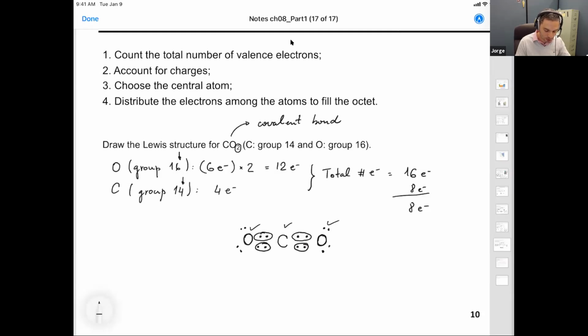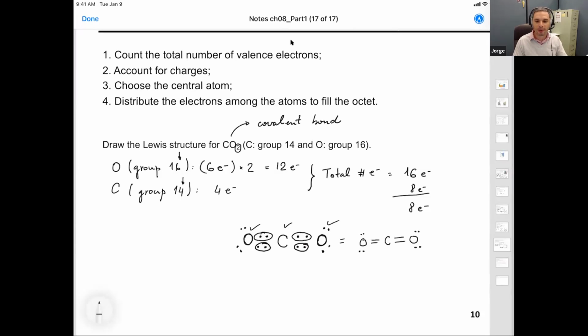So that's also good. Another way to draw this structure is by using traces to represent each pair of electrons that is being shared. And I always want you to draw the lone pairs in the structure.